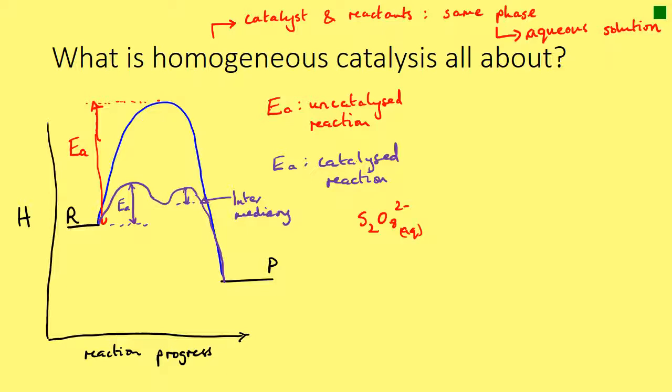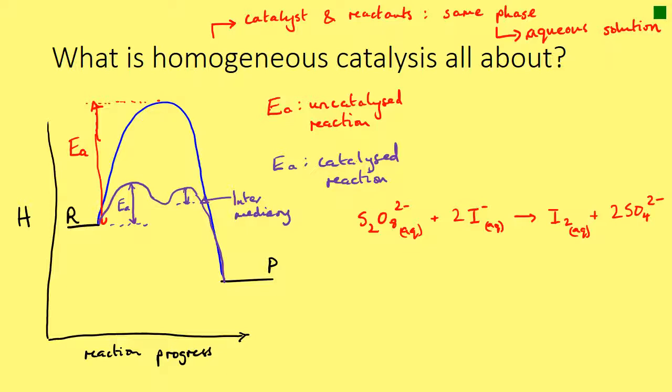Because it's homogeneous catalysis that we're talking about, we're going to react that with 2 iodide ions in solution, and they're also negatively charged. And then that's going to make an iodine molecule dissolved in water. And we also get a couple of sulfate ions as well.